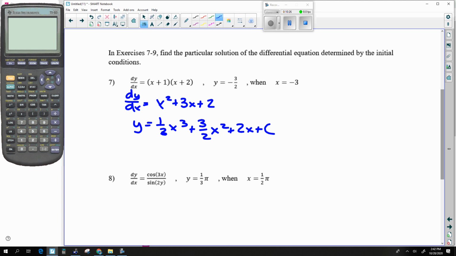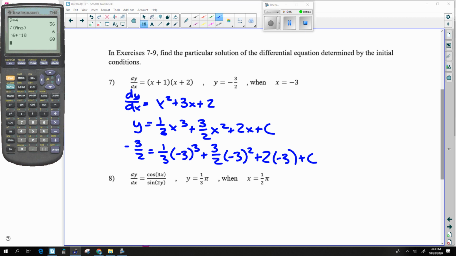They give me a y value of -3 over 2 when x is equal to -3. I'm definitely going to use a calculator at this point. So -3 is getting stored as x, and I'm just going to see what the math on that right is. So this is 1/3 x to the third plus 3 over 2 x squared plus 2x.